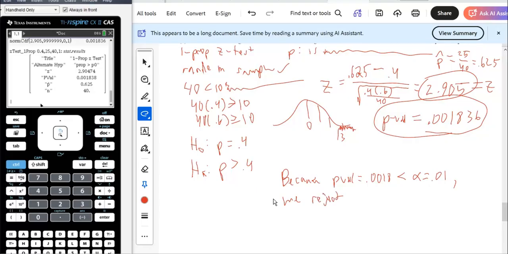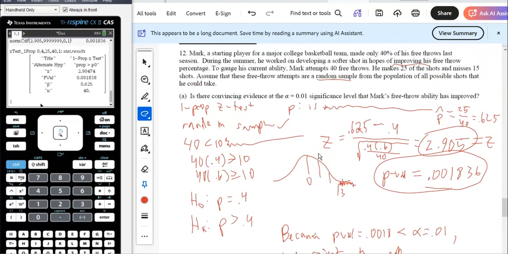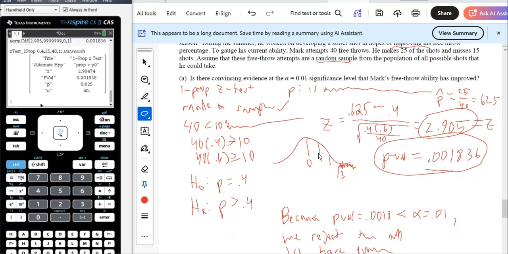We do have evidence that his free throw shooting over the summer has improved. Something to that effect.